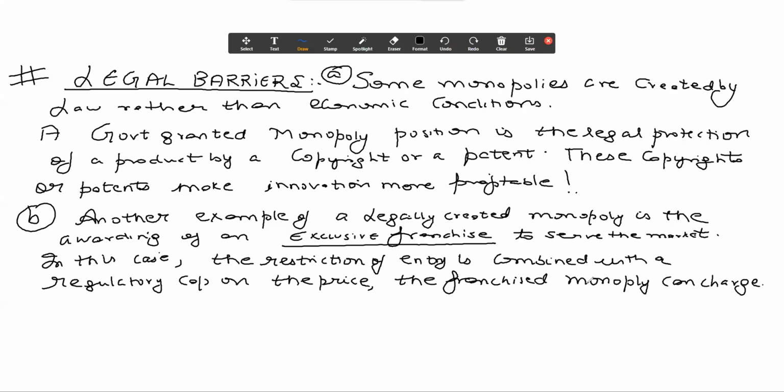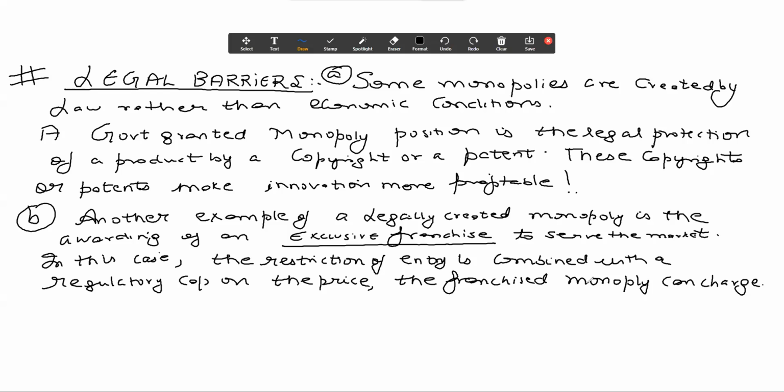Okay. So the second point is also a very important point. So we have another example of legally created monopolies, which are called franchise monopolies. Franchise monopolies can be in the case of public utility services.